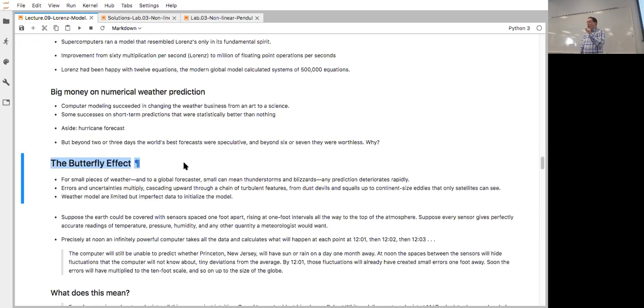But at 1201, which is 1 minute later, those fluctuations will have caused little errors about a foot away. And very soon those errors will multiply to a 10-foot scale, and then a kilometer scale, and then a continent scale, and a globe scale. This idea that the errors in a system are going to grow all the way through.